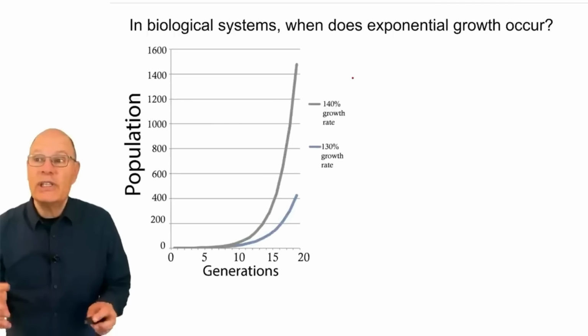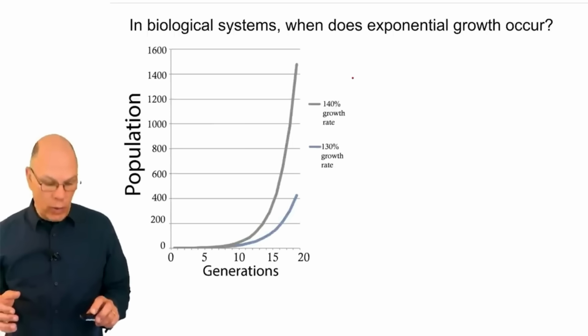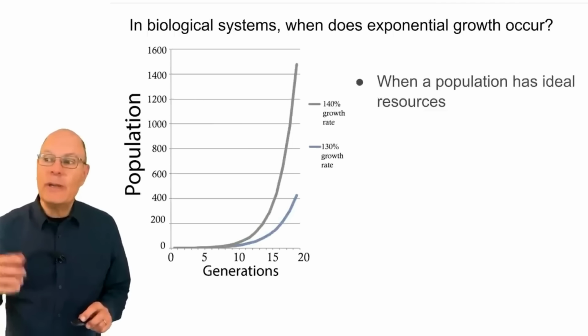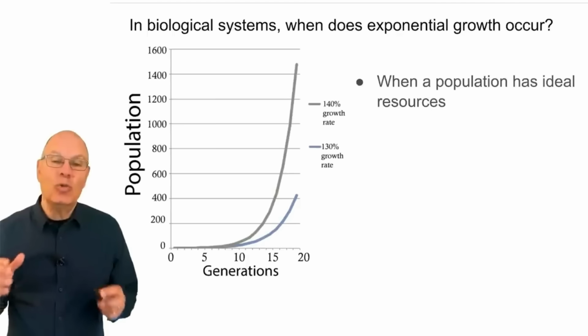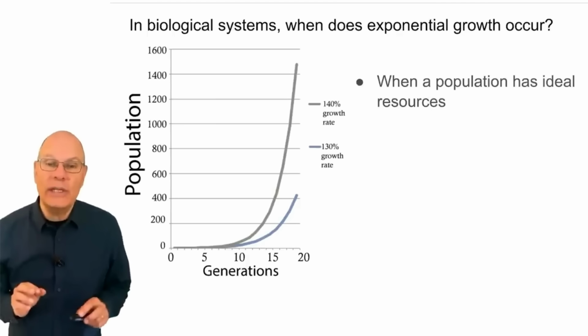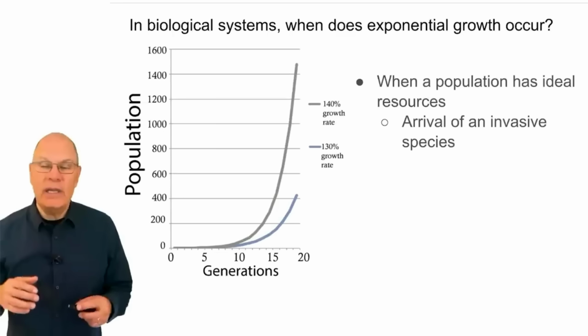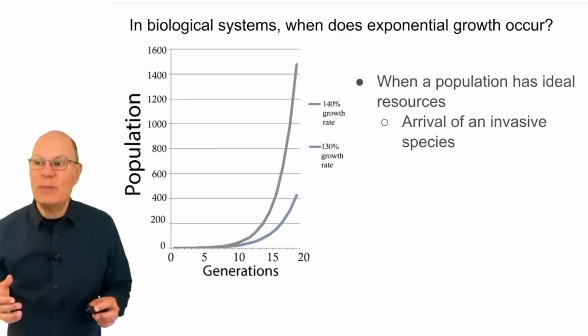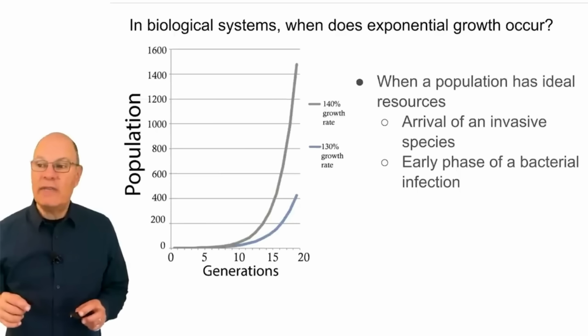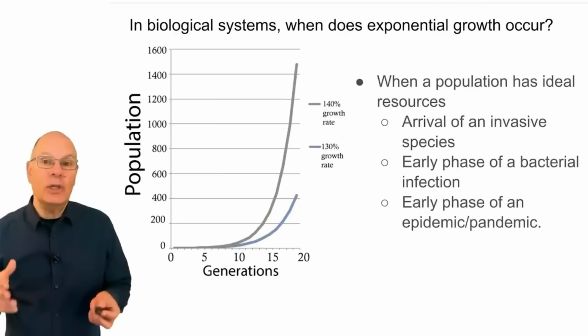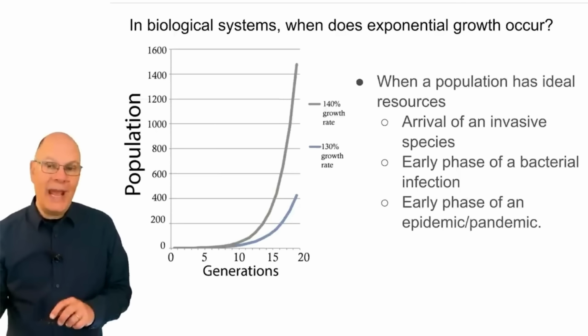In biological systems, when does exponential growth occur? It occurs when a population has ideal resources and nothing is slowing down its rate of growth. This can be the arrival of an invasive species, the early phase of a bacterial infection, the early phase of an epidemic or pandemic.